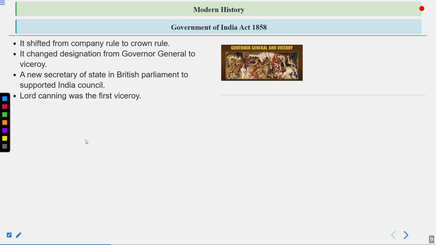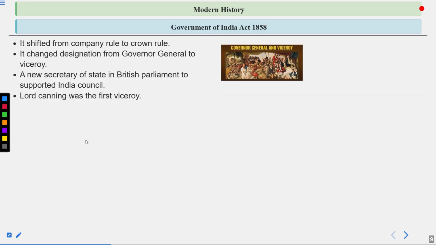Do remember at this time the Queen of Britain was Queen Victoria, and the Government of India Act 1858 started the British Raj in our country, and now all the things that are happening in our country are based on the 1858 Government of India Act, and later it was replaced by the Indian Independence Act of 1947.